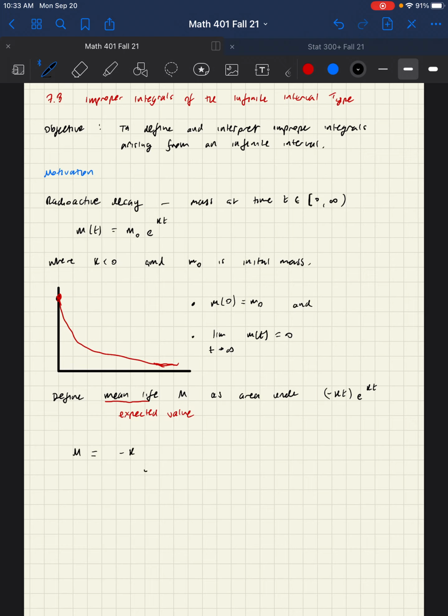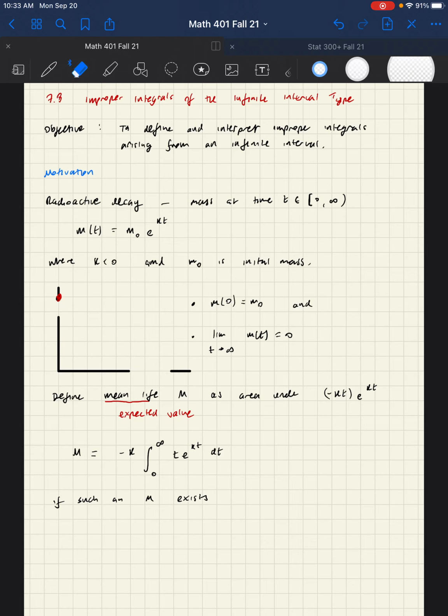So this would be the integral, I pulled out the constant first. So negative k times the integral from 0 to infinity of t e to the kt dt. But what does that look like? Does this even exist? Does this make sense to write? If such an M exists. And so in theory, this is a modification, of course, of the actual function that we started with.